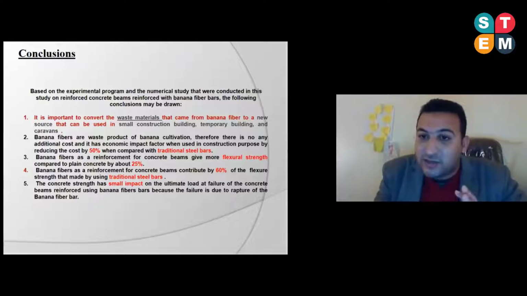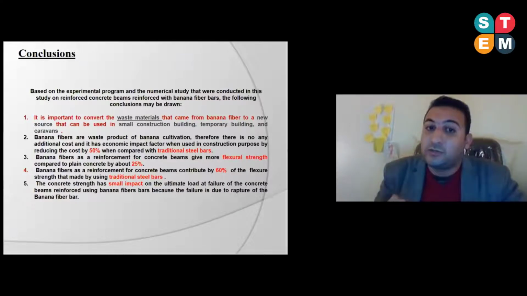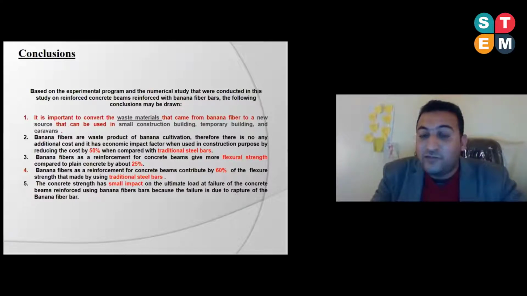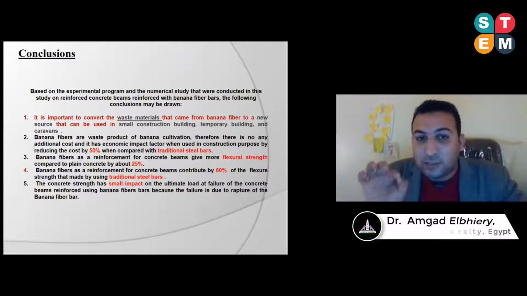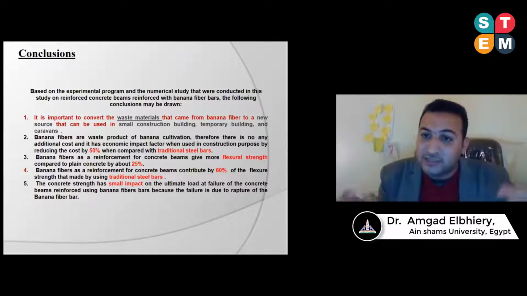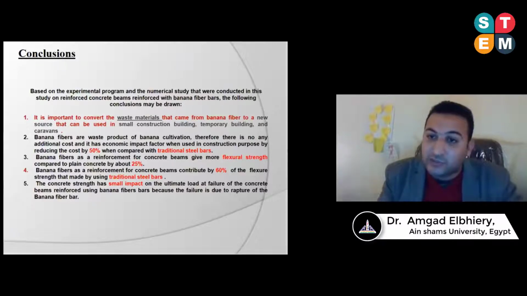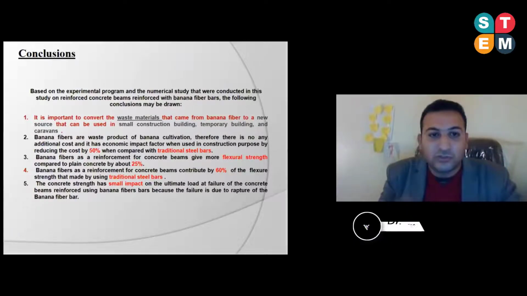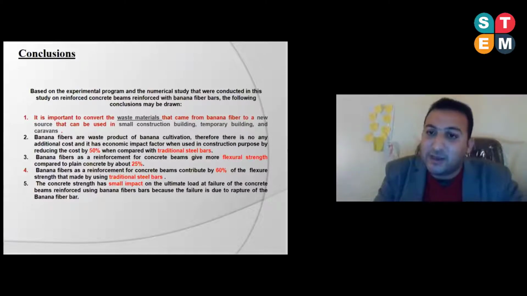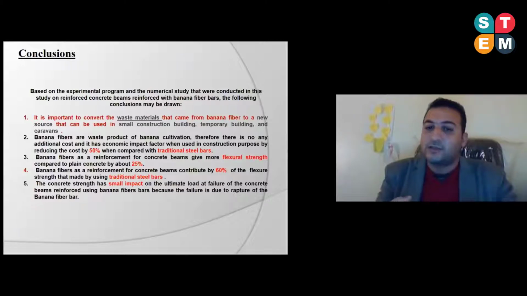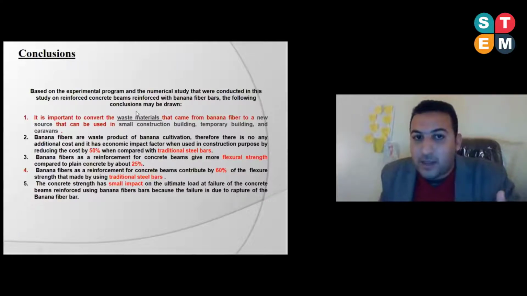Yes, it's biodegradable, and we try to make a treatment for this so it can be used for a long time, and to make the cost of the building material very low, because the main factor affecting the cost of the material is the steel bars. The cost of steel is very high, so building construction is very expensive. But when we replace it with another material such as waste material that has the same tensile strength and properties as steel bars, we can solve a lot of problems in our world.